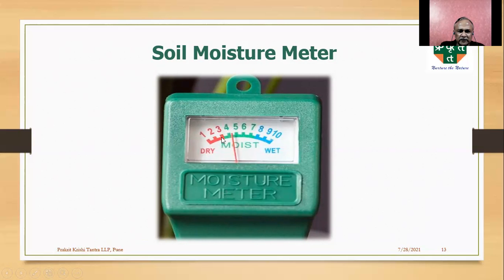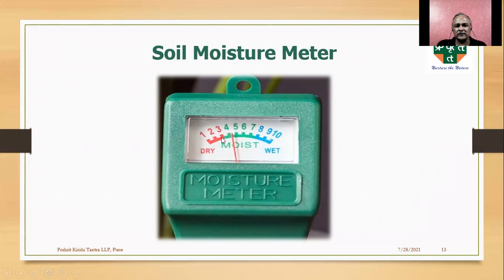This red portion is actually dry. The soil has insufficient moisture. It is in a stress condition. This green is sufficient moisture, and blue is excess moisture, too wet actually. If you check the moisture in the root zone, 6 to 8 inches deep, and you see the needle is somewhere here, you can wait for some time.